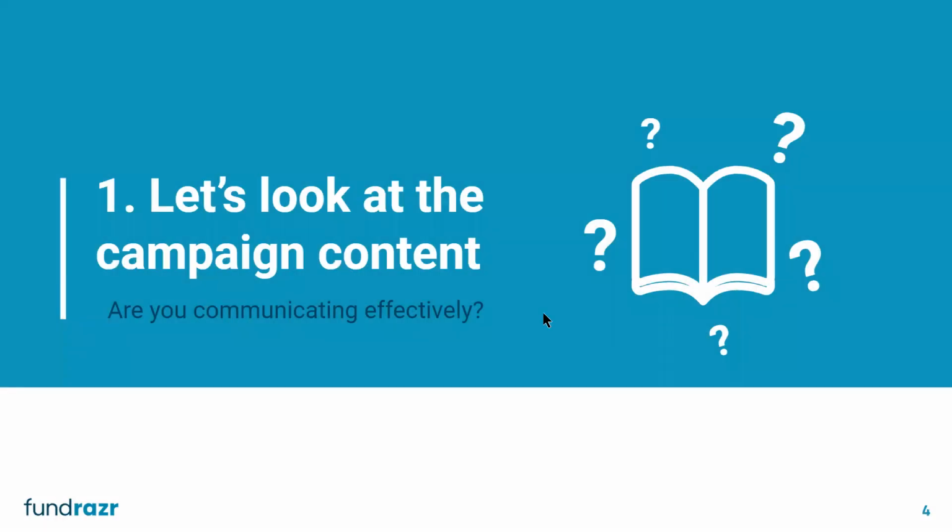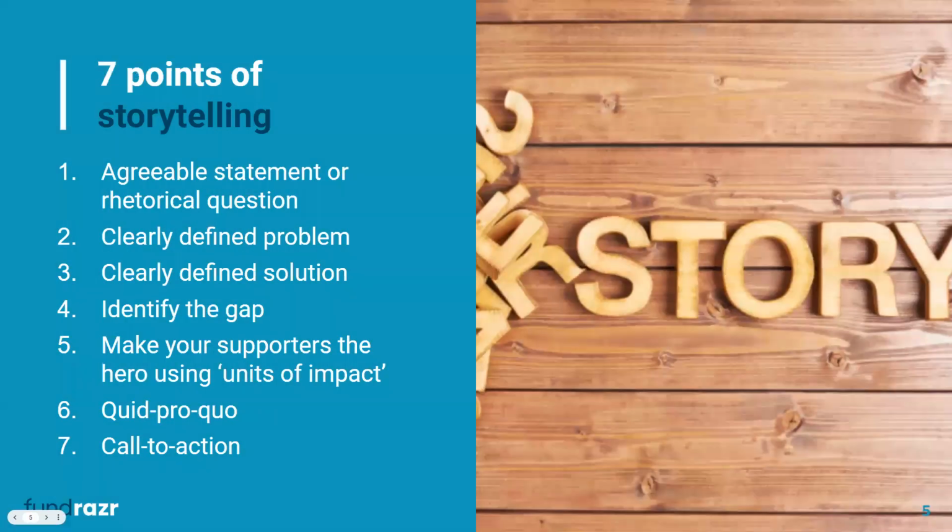All right, so first things first, let's look at the campaign content. Are you communicating effectively? I don't know if any of you have seen our 7 points of storytelling. We do have a toolkit on this, and we run a full webinar on it as well.